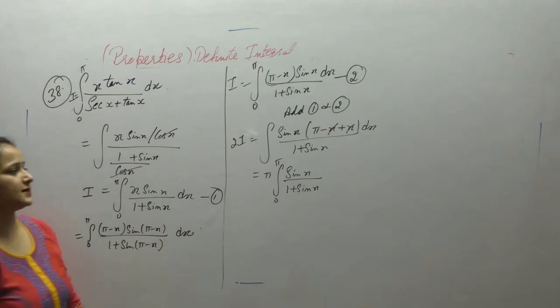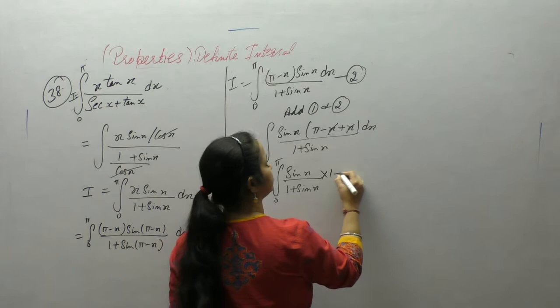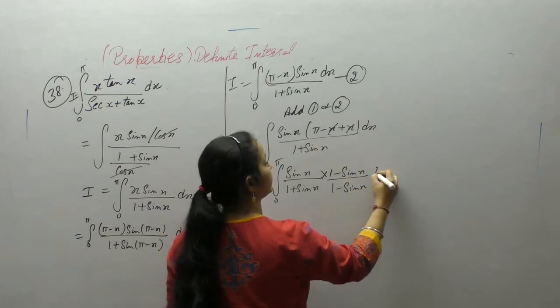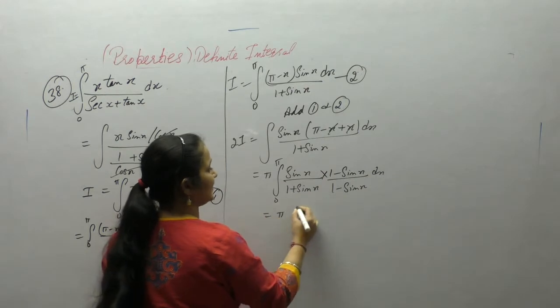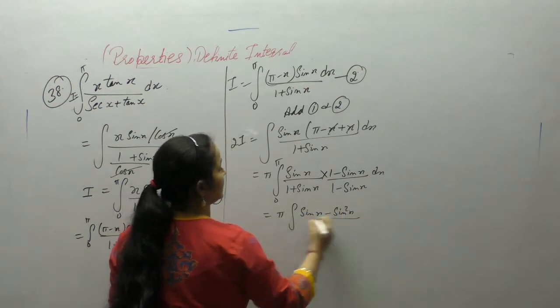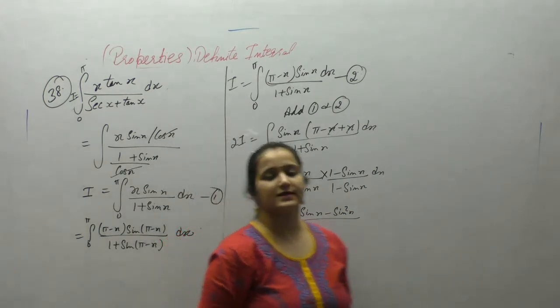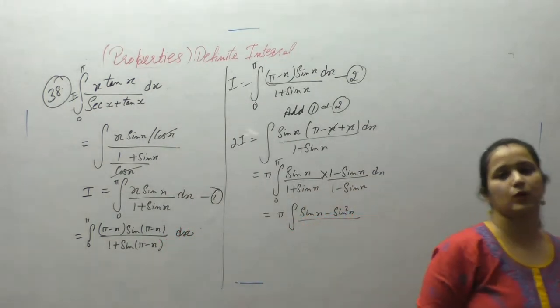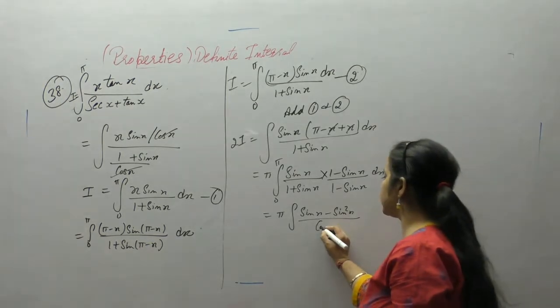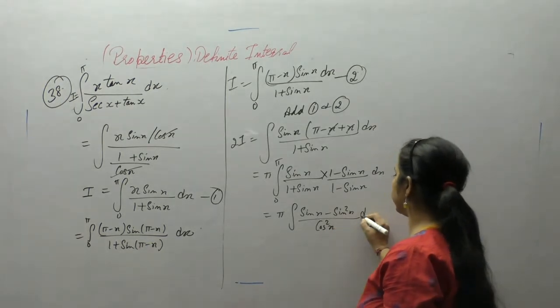Now rationalize it. Sin x minus sin square x. A plus b, a minus b is equal to a square minus b square, and 1 minus sin square is equal to cos square.